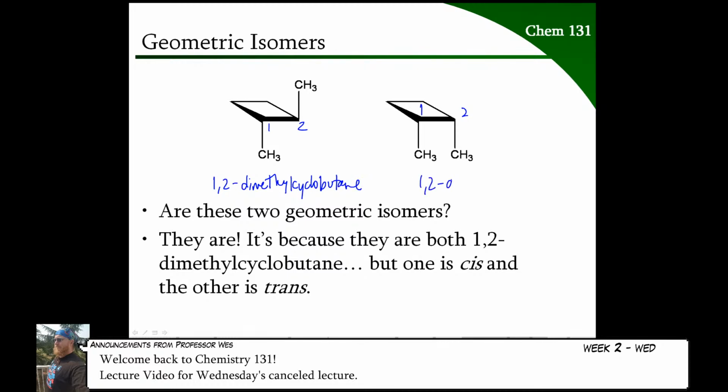This is also 1,2-dimethylcyclobutane. And then this one here is trans because they're opposite of each other. And this one is cis. The only difference between these two is the geometric prefix. So these are geometric isomers.